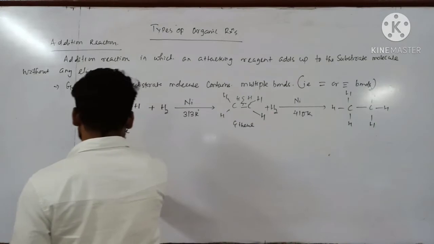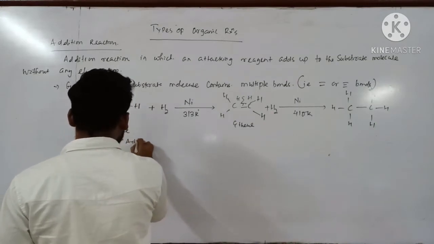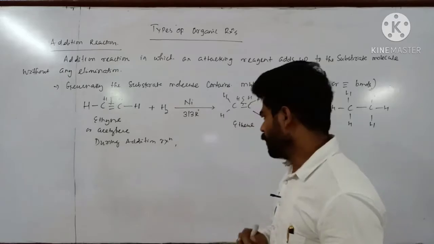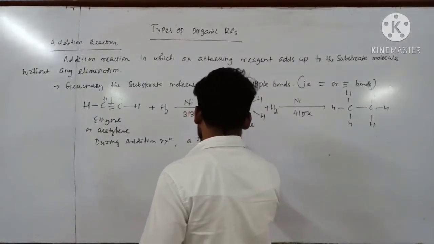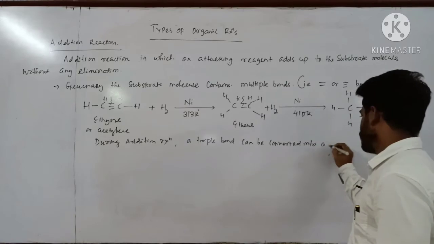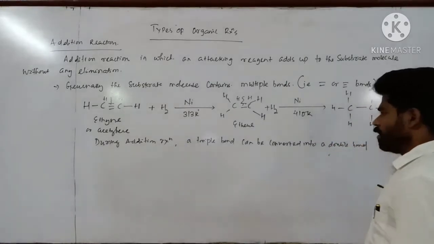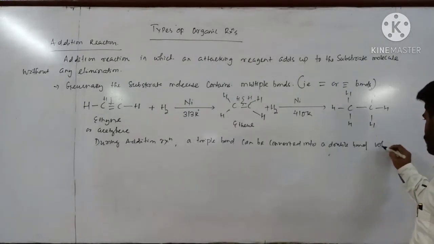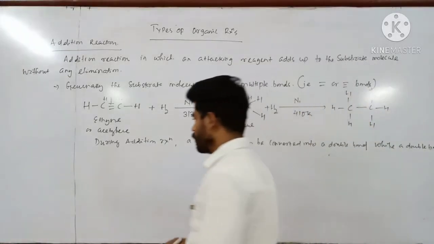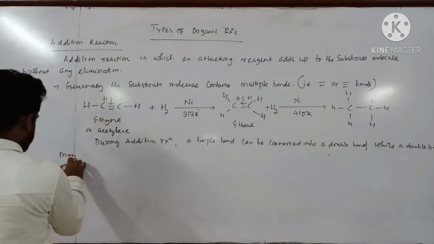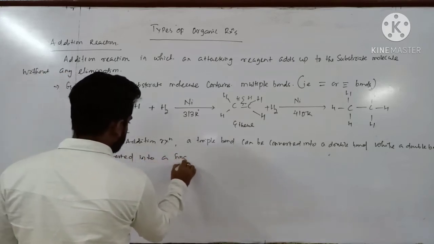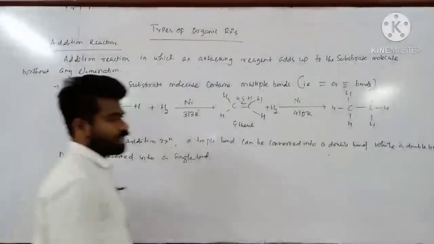So during addition reaction, a triple bond can be converted into a double bond, while a double bond may also be converted into a single bond. That is finally a saturated system you are getting over here.